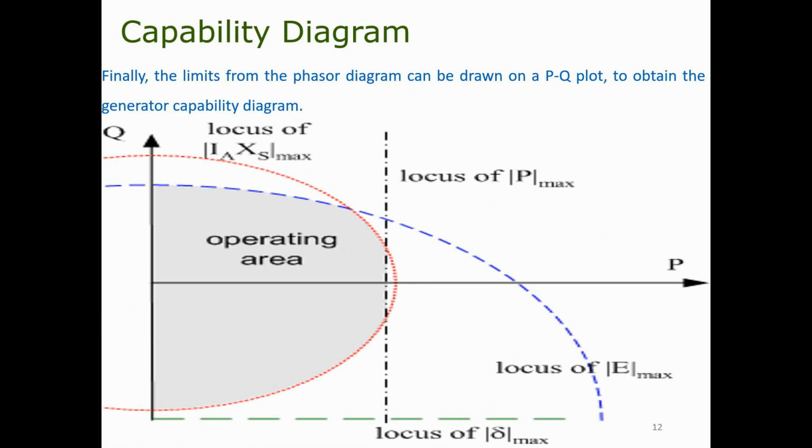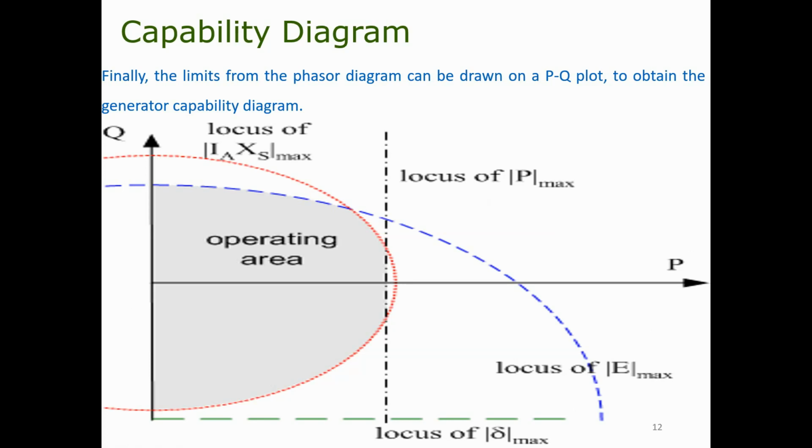So finally, in this PQ plot, we are going to have the locus of all four limits, that is the stator heating limit, rotor heating limit, mechanical limit or prime mover limit, and the electromagnetic limit or maximum power delta max limit.